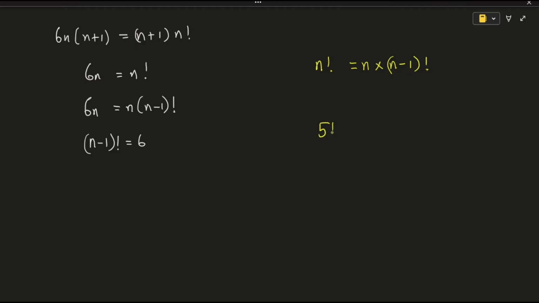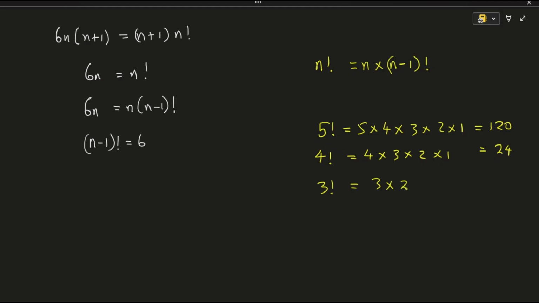What is 5 factorial? We get 120. What is 4 factorial? We get 24. What is 3 factorial? We get 6. So the factorial of 3 gives us 6. So it means that n minus 1 should be equal to 3 and n is 4.